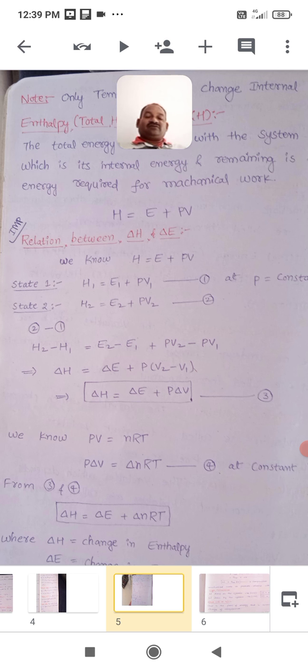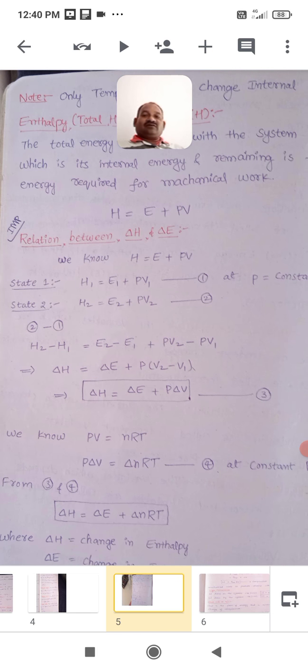Relation between delta H and delta E. What is delta H? Delta is the change, H is the enthalpy. Here we know H is equal to E plus PV. State 1, H1 is equal to E1 plus P1V1.